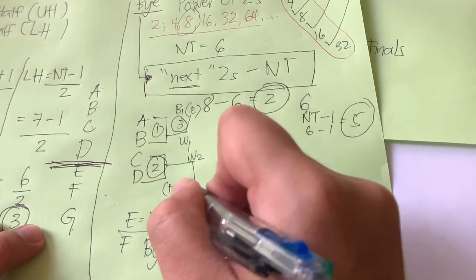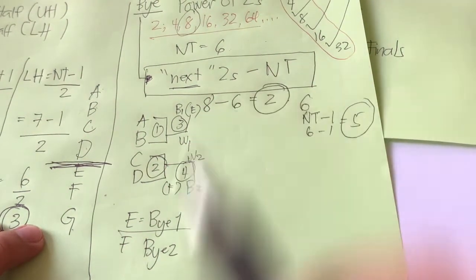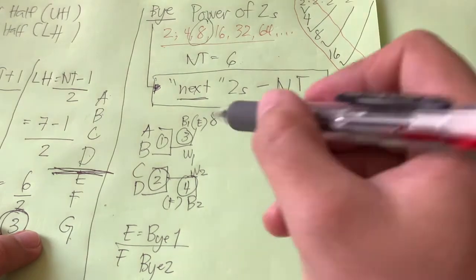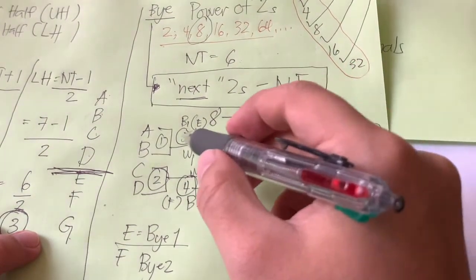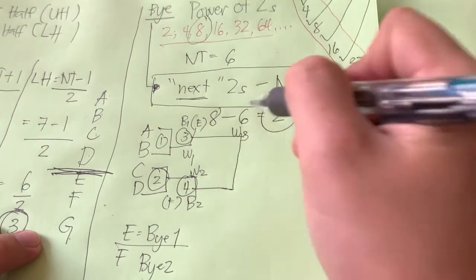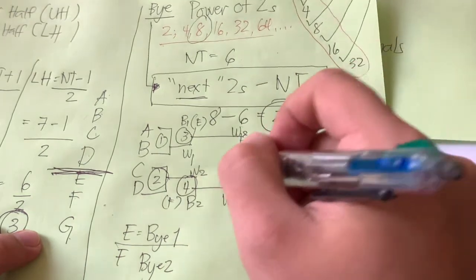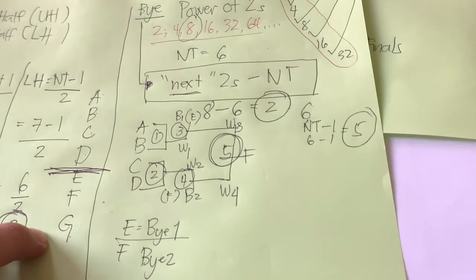And who is bye 2? Team F. And this will be game number 4. Whoever wins here, winner 3 and winner 4, play the finals, and this will become game 5.